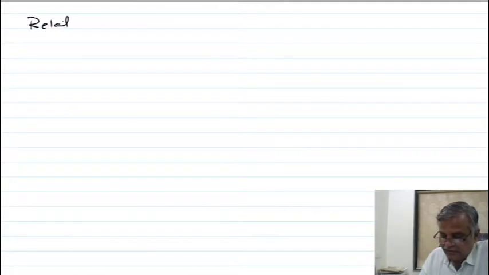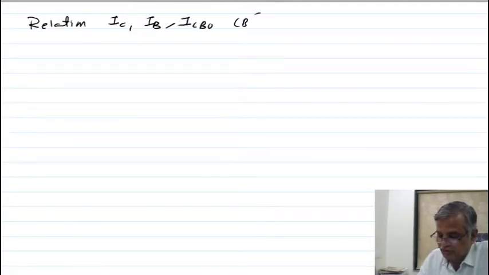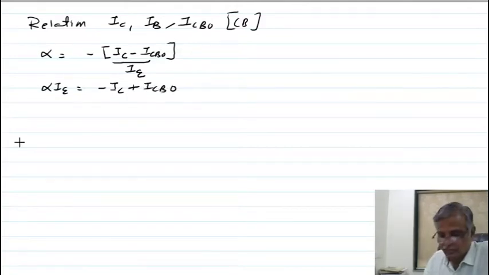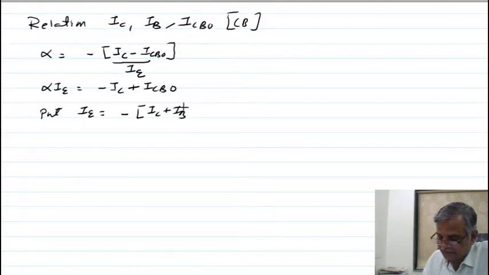Let us see the relation between collector current, base current and ICBO for common base configuration. We know alpha is equal to minus (IC minus ICBO) upon IE. So I can write alpha IE equals minus IC plus ICBO. Put the value IE equal to minus IC plus IB here.